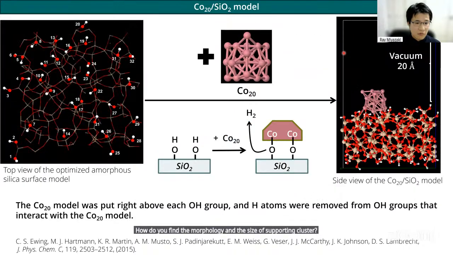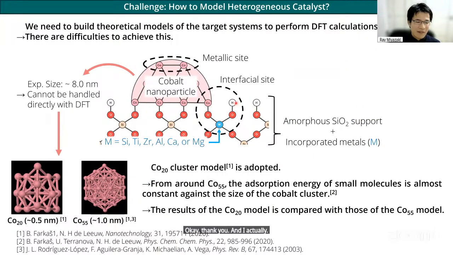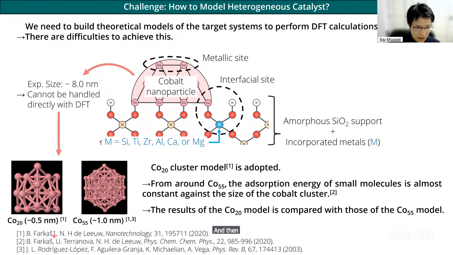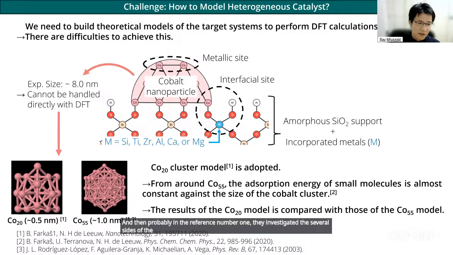Okay, thank you. Sorry, I completely forgot to mention the previous studies. In those two studies, they investigated the stable structure of each size of the cobalt cluster using a global optimization method. In reference number 1, they investigated several sizes of cobalt clusters, and I picked the Co20 cluster because, at that time, it was the upper limit for performing the DFT calculation for simulating catalysis in my environment.